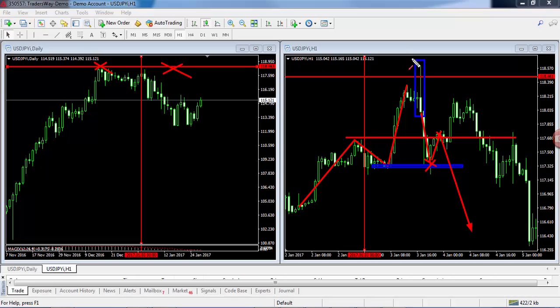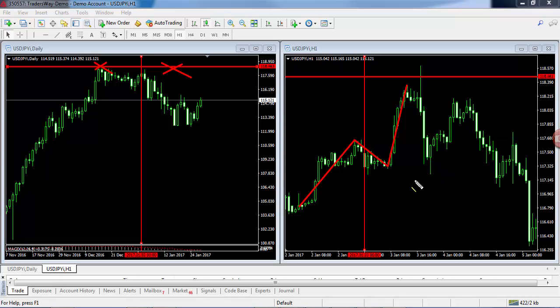My stop loss is going to be above here. So if, for worst case scenario, price retests this high, my trade is still good because my stop loss is all the way up here. So if price creates that double top pattern, then my trade is still active and I'm still expecting the market to fall. So that's scenario number one.